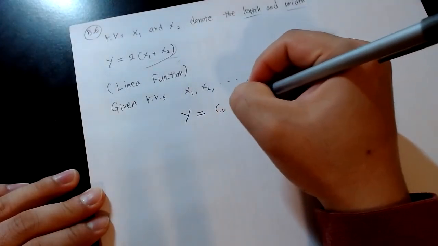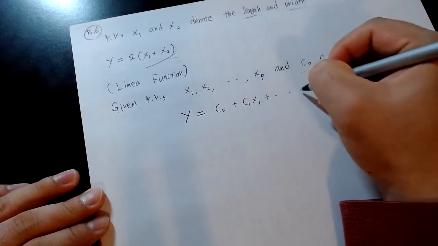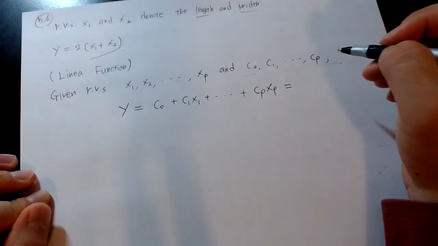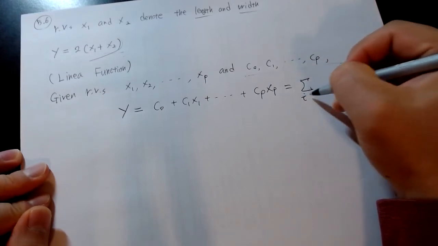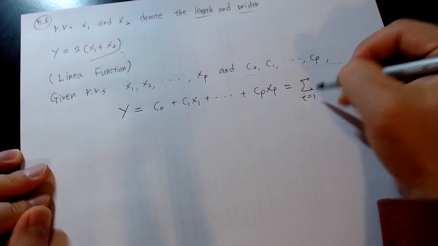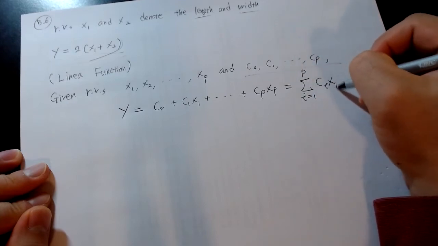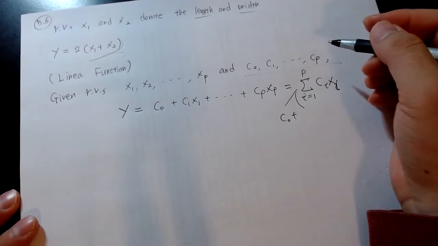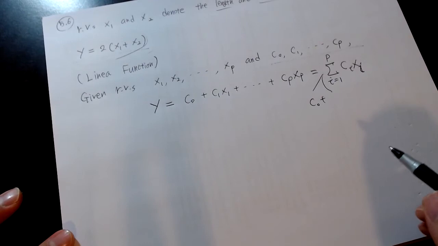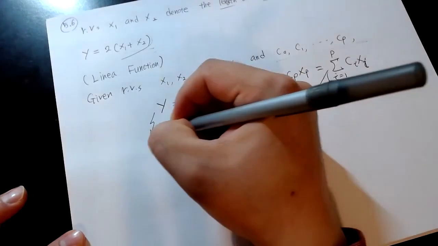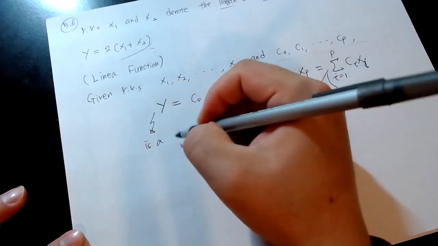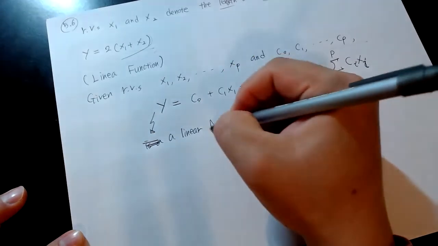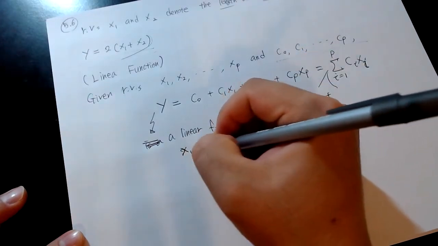This is c0 plus c1 X1 through cp Xp, which is equal to c0 plus the sum of ci Xi for i equals 1 through p. This Y is called a linear function of X1 through Xp.